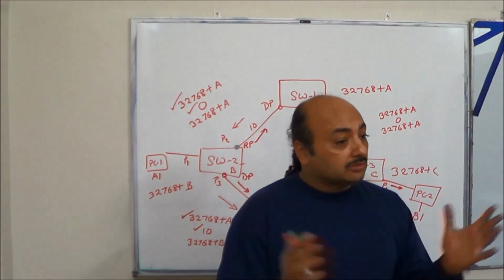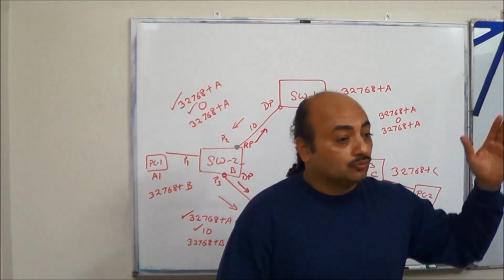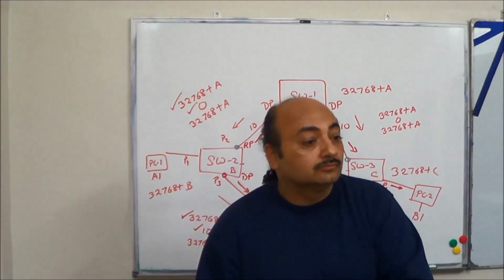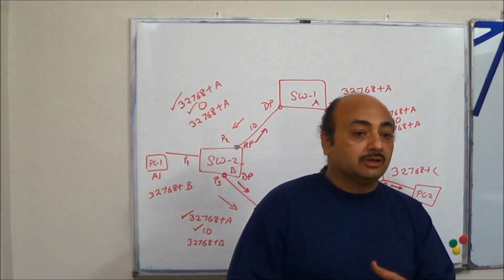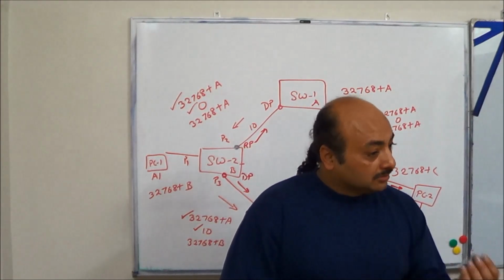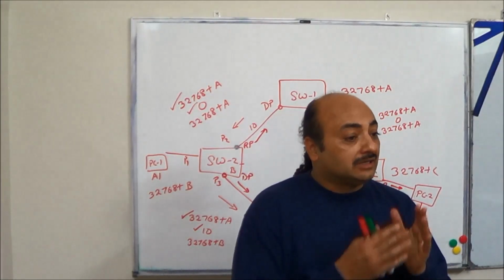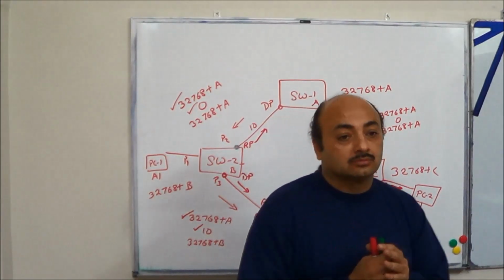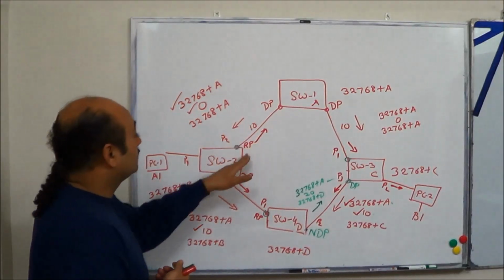So what is the broader term? Designated port is the port through which the BPDUs are sent out. Put it another way, on the root bridge, BPDUs are originated and sent out of the designated port. Clear?